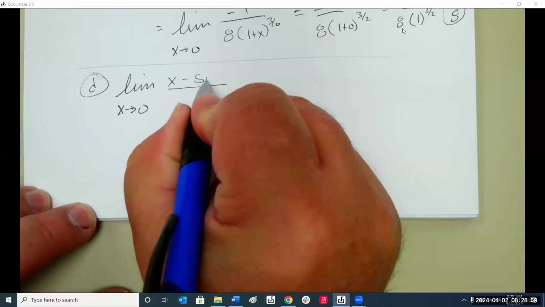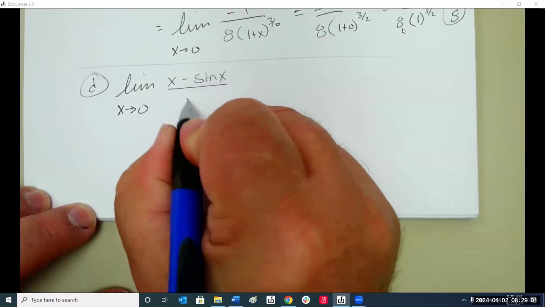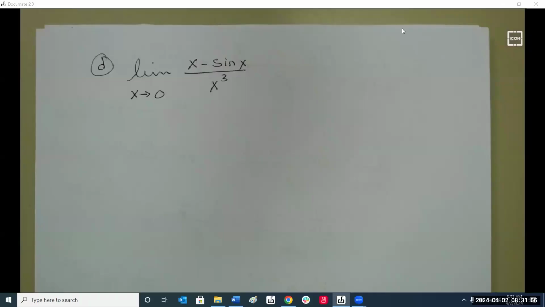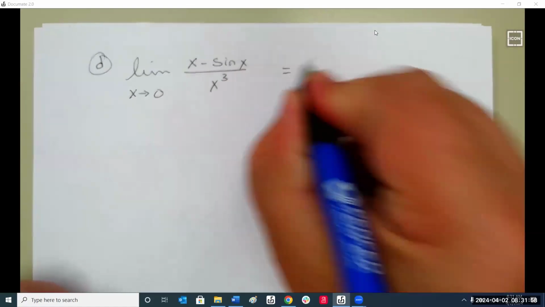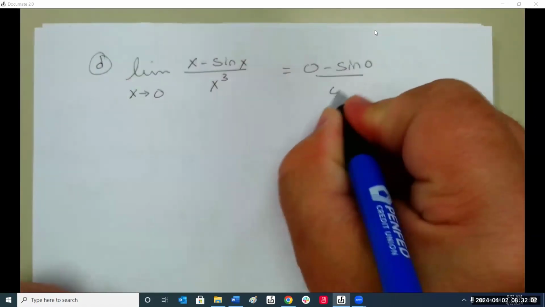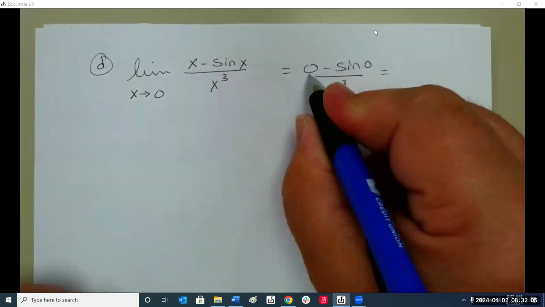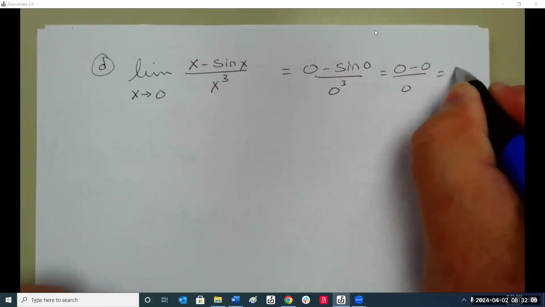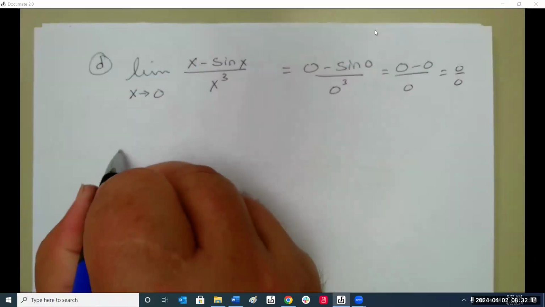x minus sine x over x cubed. The first thing, let's put 0 in there. 0 is 0, sine of 0 is 0. So we take L'Hopital's.